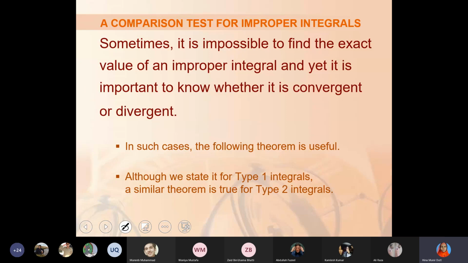For example, all of you know that it is impossible to integrate this function, but we have approximated. If this integral is convergent, then the approximated value of this integral makes some sense.